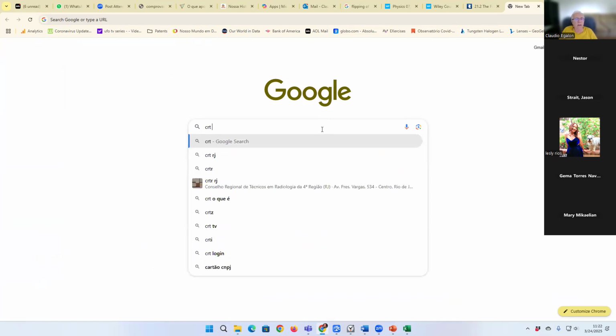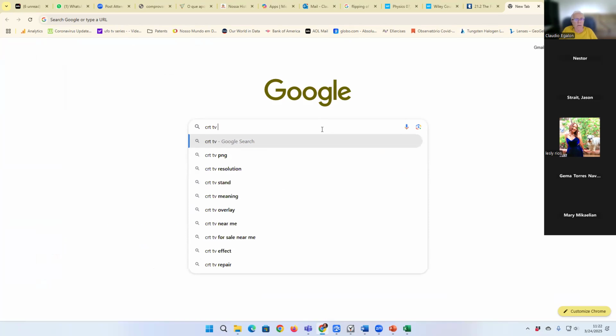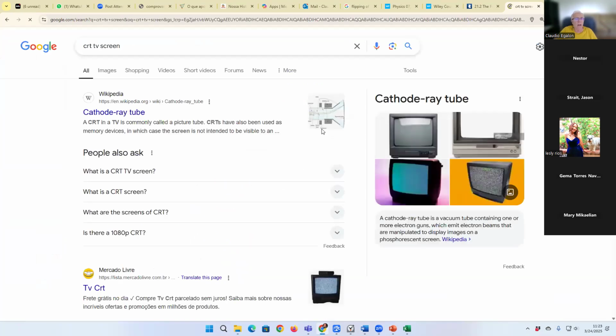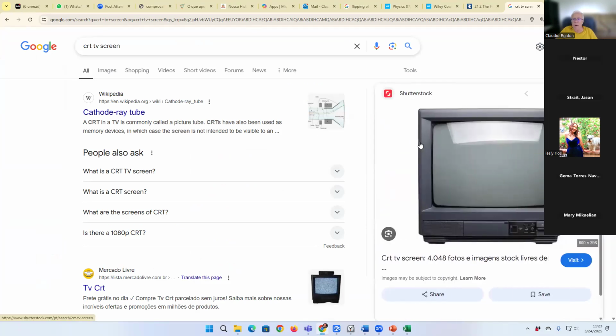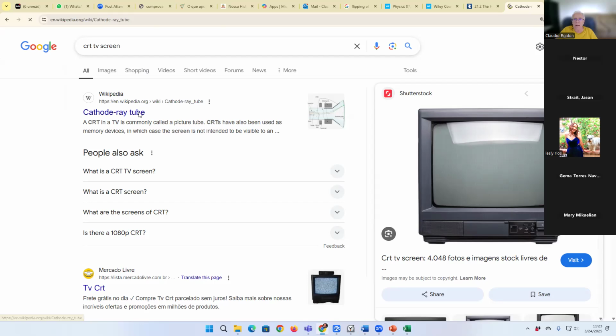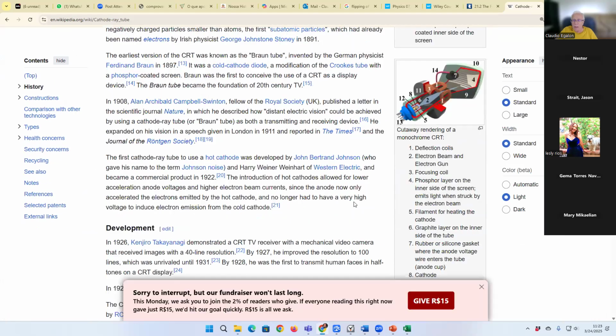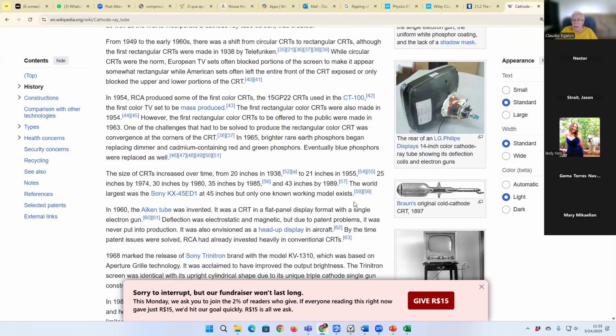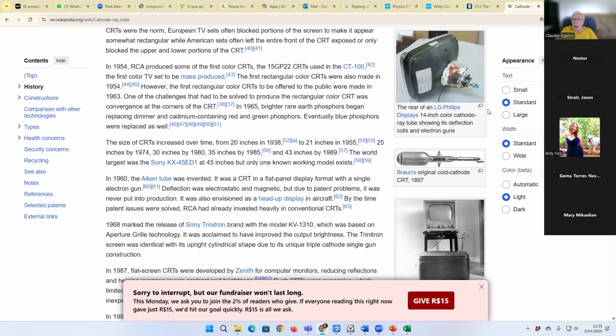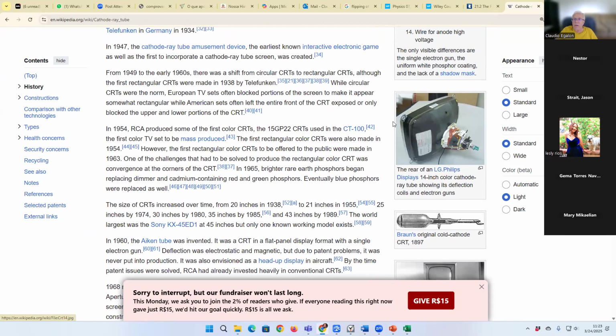Okay, let's see, CRT TV screen, cathode ray tube. Okay, here you go. Here go the old TVs, right? It doesn't show the back, unfortunately. Okay, see, that's the screen where the image is seen, okay?